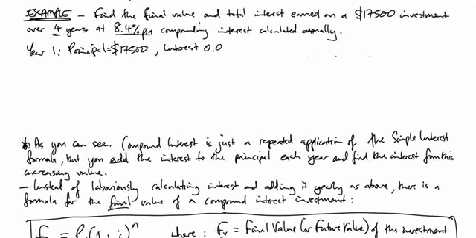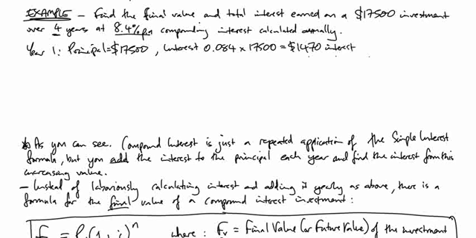So it's going to be 0.084, that's 8.4 as a decimal, times 17,500. Let me grab my calculator. 0.084 times 17,500 is $1,470 interest.